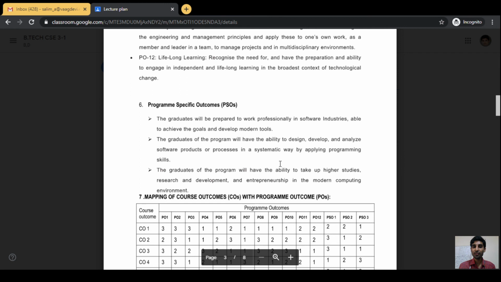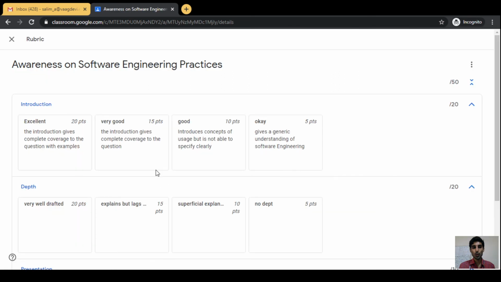I have created the assignment, and in this assignment the students were given questions that they have to answer, and the rubrics were also created.